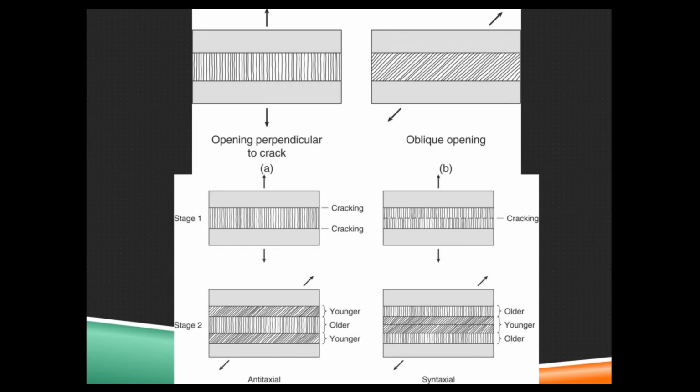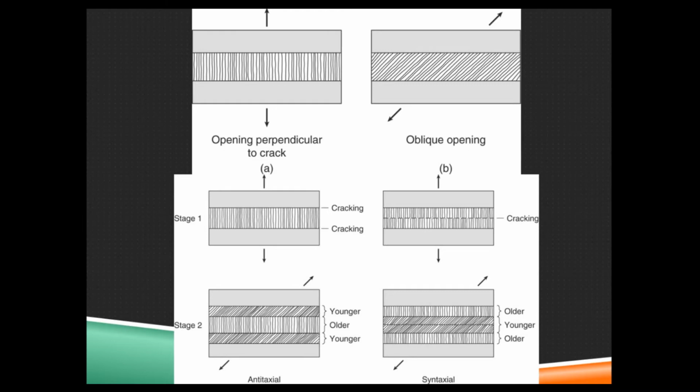In both cases, the order of stresses was identical. In both cases, we started with the up-down stress and then changed to the angled stress. But we ended up with two different vein patterns. They're telling us the same thing.